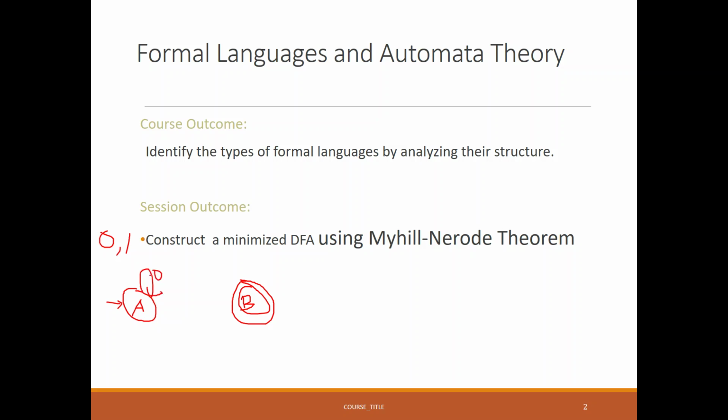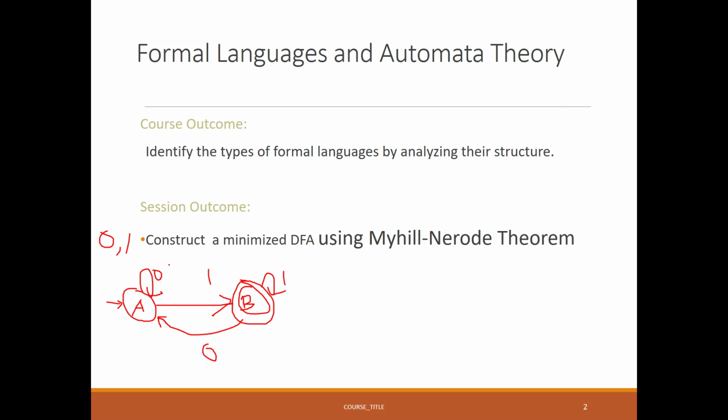Let it be 0, 1 and 0 and 1. Now this is called a DFA, because by using input 0 from state A, we go to state A itself, that is a self loop.